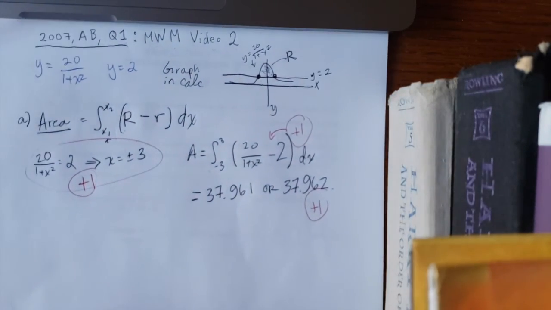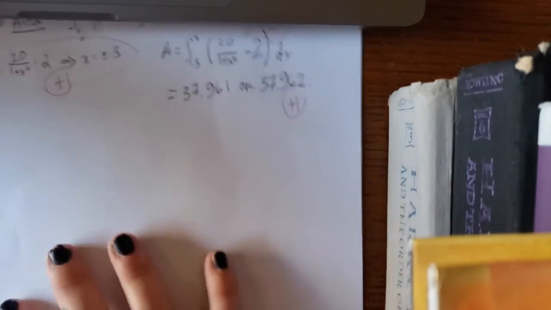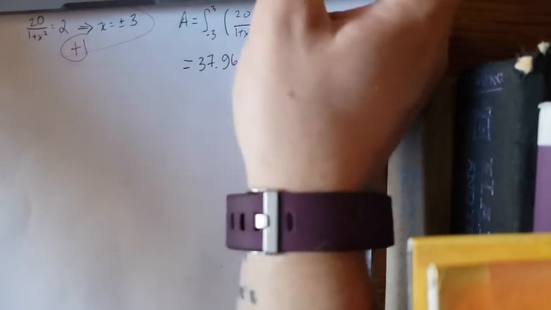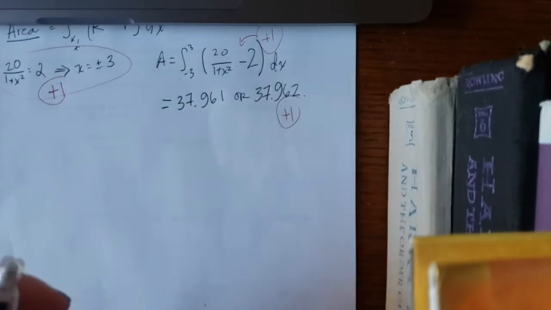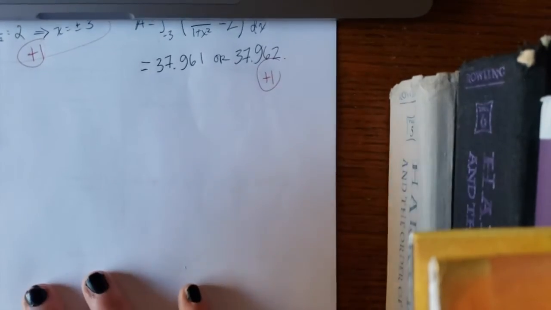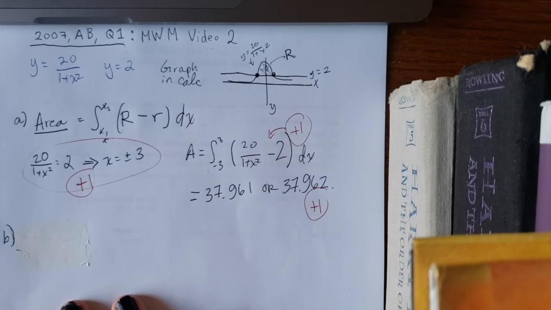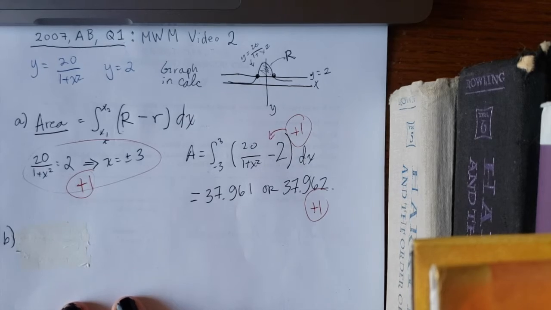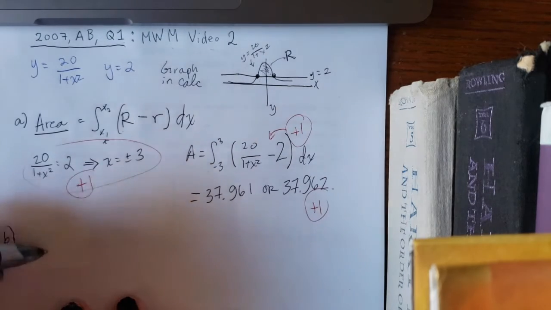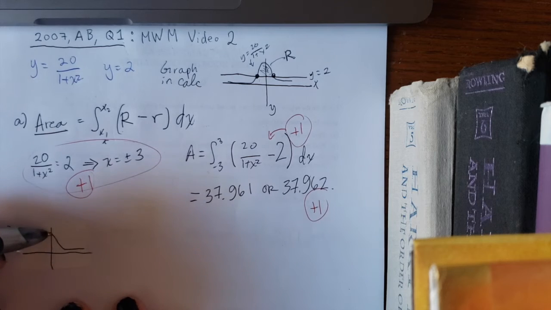All right, moving on to part B. Part B is: find the volume of the solid generated when R is rotated about the x-axis. Okay, so we're looking for the volume when we rotate this area about the x-axis. So I'm going to redraw that graph just so we can see what we need to look at with volume.